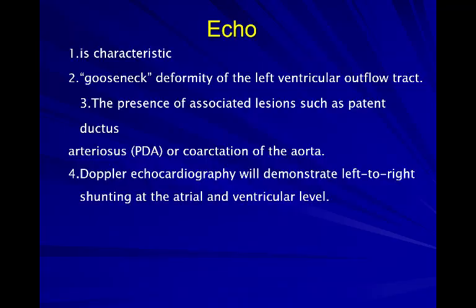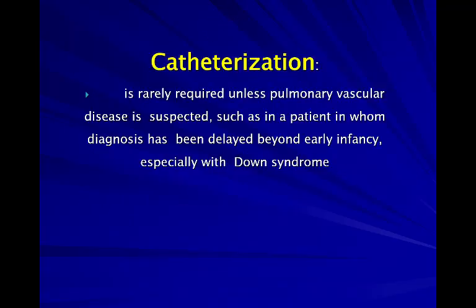Doppler echo will demonstrate the size and direction of the shunt at the ventricular and atrial level. Cardiac catheterization is rarely required unless pulmonary vascular disease is suspected, such as in patients in whom the diagnosis has been delayed beyond early infancy, especially with Down syndrome.